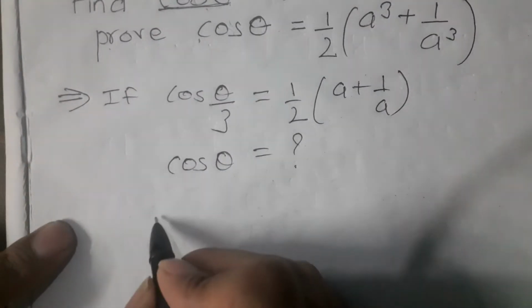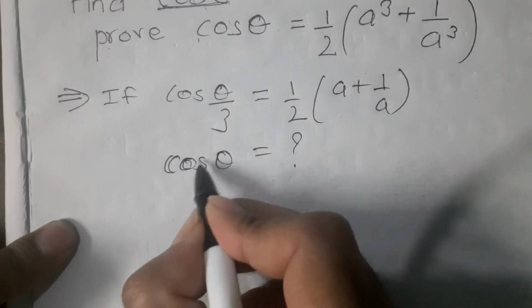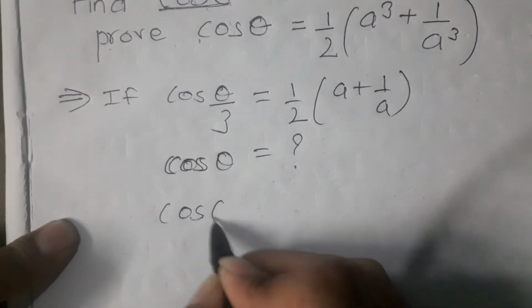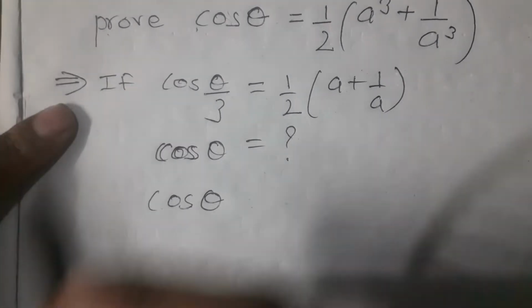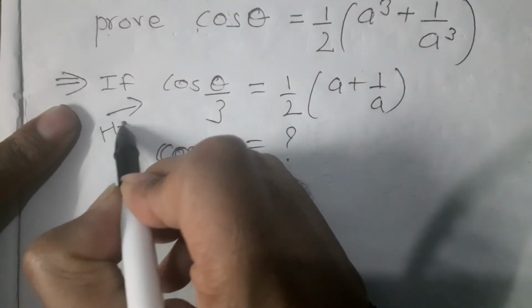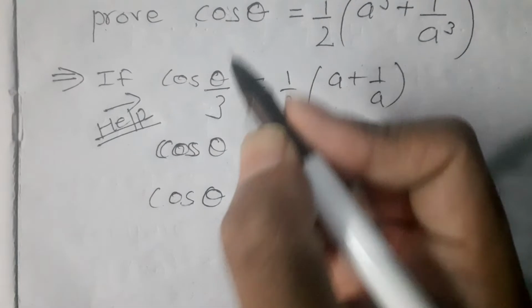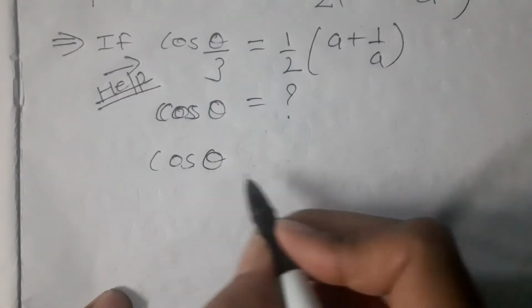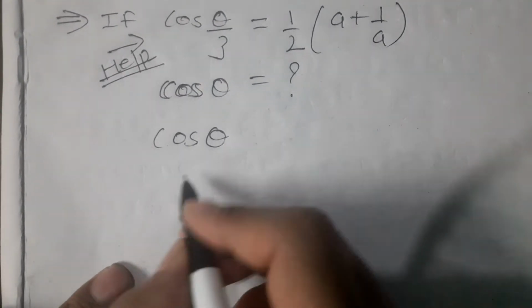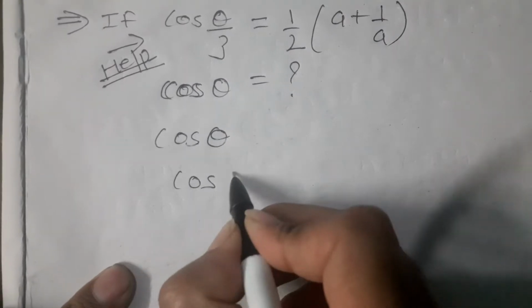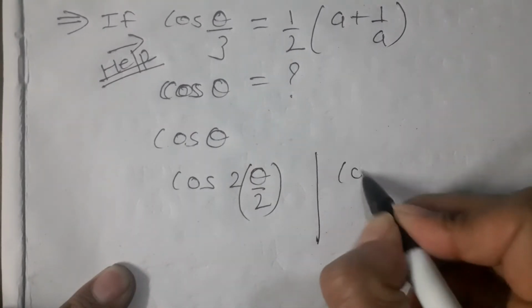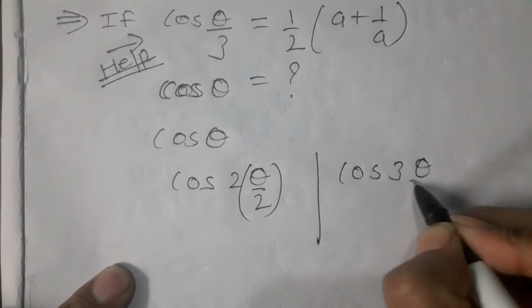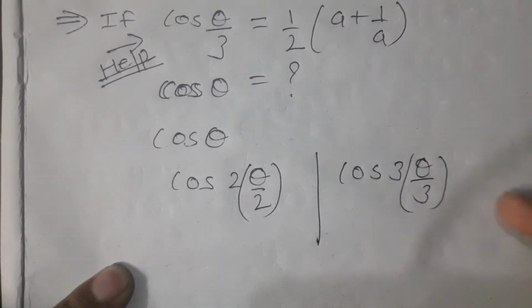First you need to understand that whenever this cos theta is given, you will have so many ways to go, but which way to choose depends on the help given. So this is the help given. What you see is, for cos theta, you have two ways. You might use cos theta in different ways. One way is cos 2 theta by 2, or cos 3 theta by 3, and sometimes even cos 4 theta by 4.